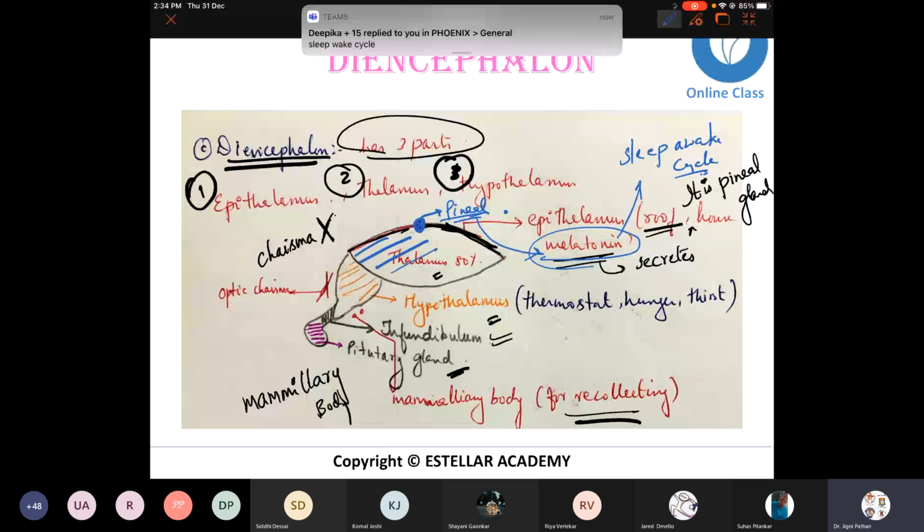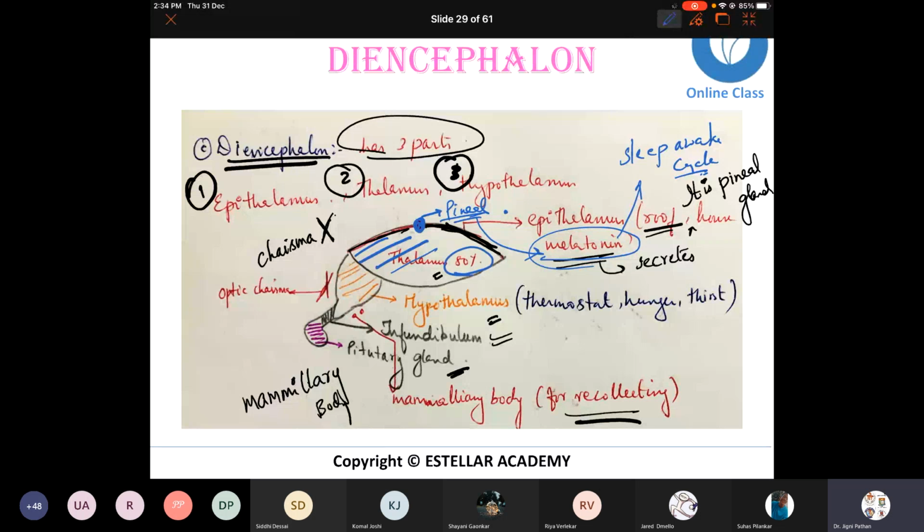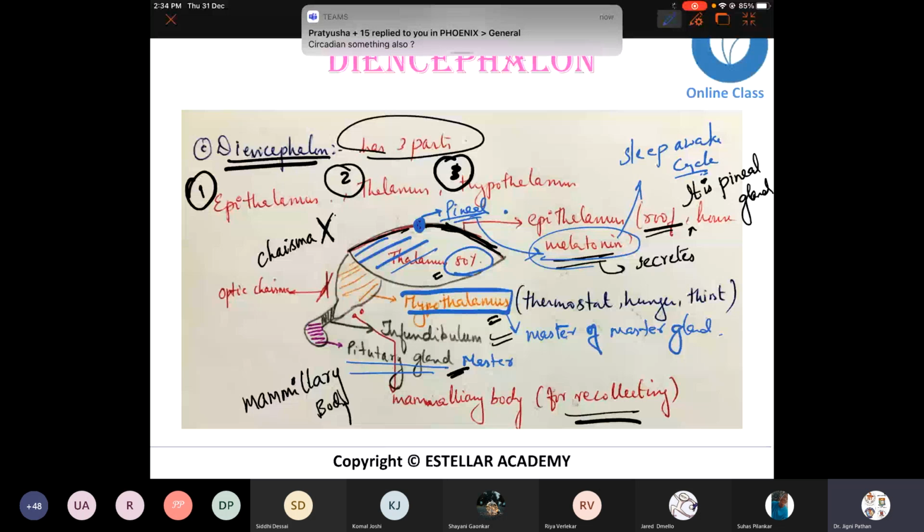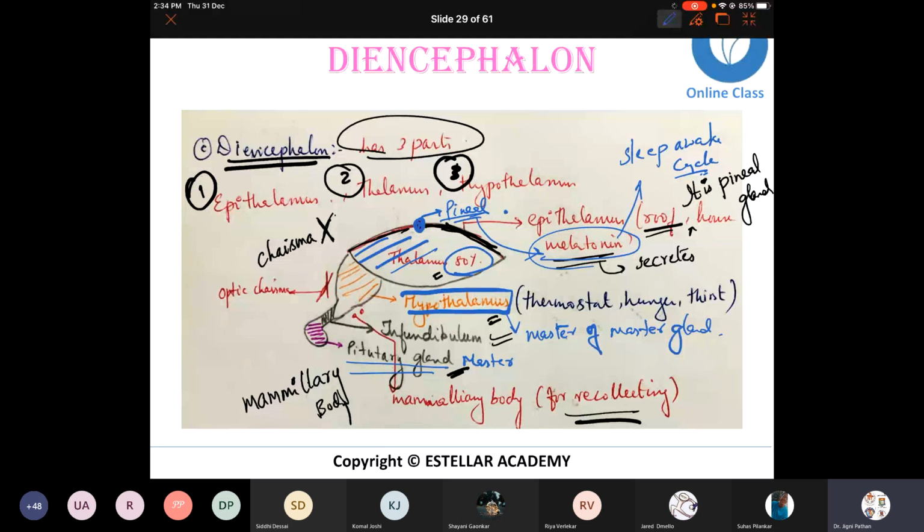Next there is the thalamus, which is the most part of the diencephalon. Below the thalamus there is a region called the hypothalamus. The hypothalamus is called the master of master gland, because the master gland is the pituitary, and the pituitary is under the control of the hypothalamus. The hypothalamus is the main center, the thermostat, to maintain body temperature, hunger, thirst.